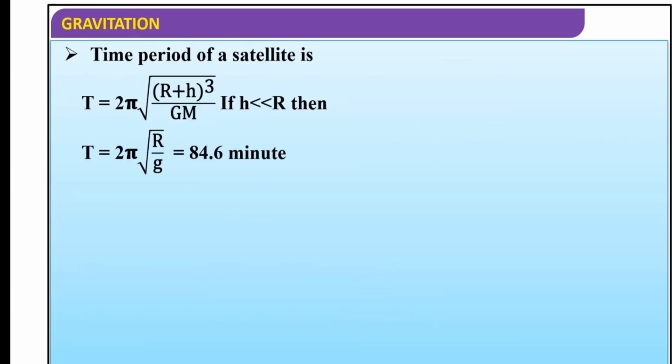Now next thing, we talk about the time period of a satellite. See, generally the formula for the time period we write is T square equals 4 pi square upon GM into r cube, where r is r plus h.